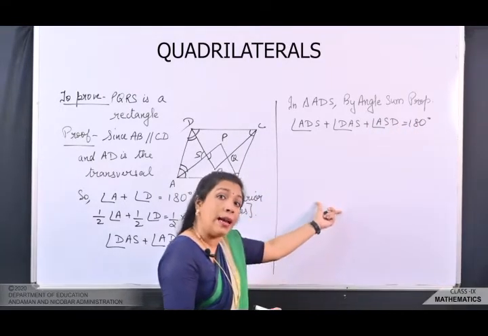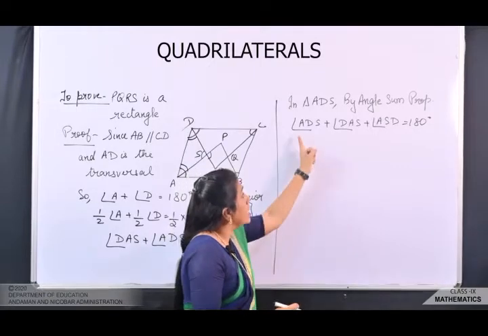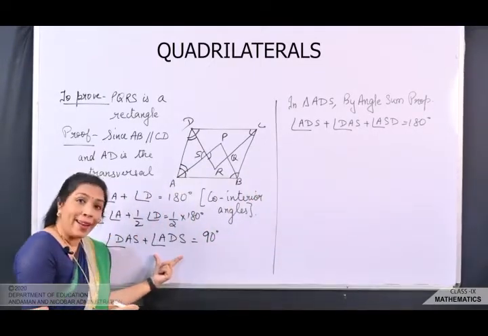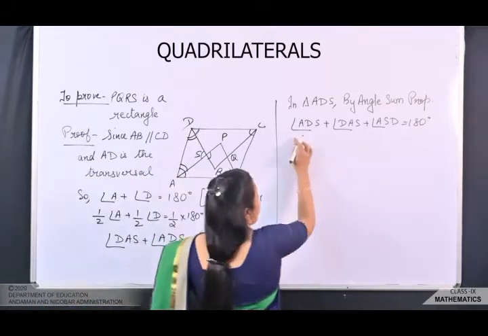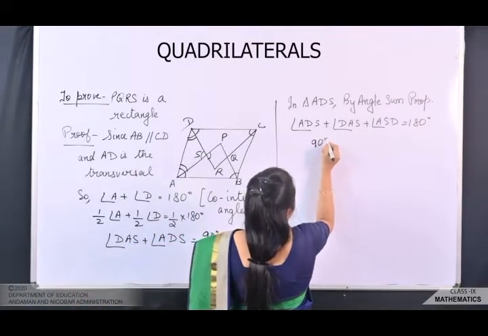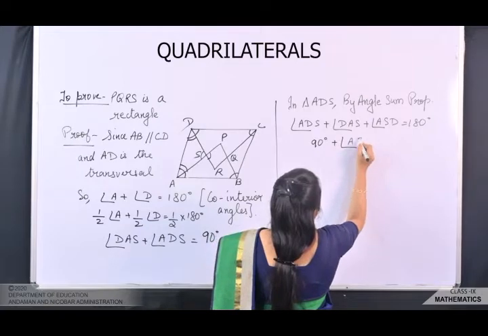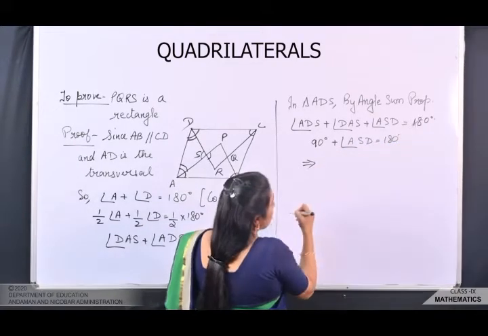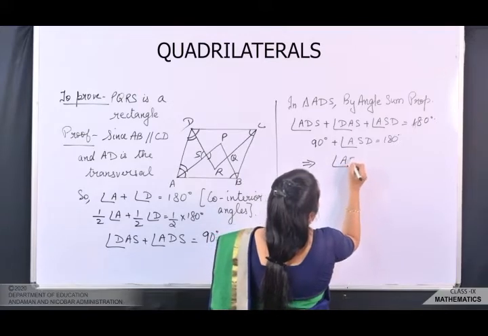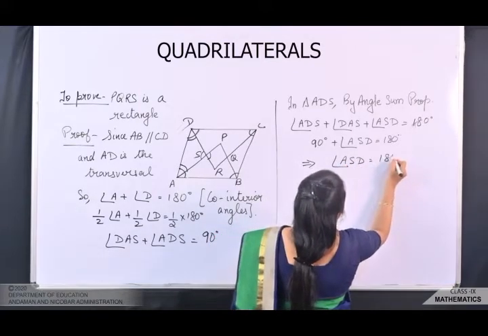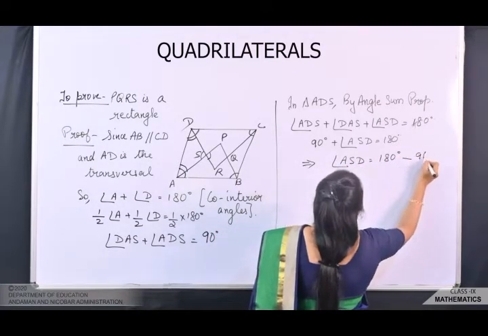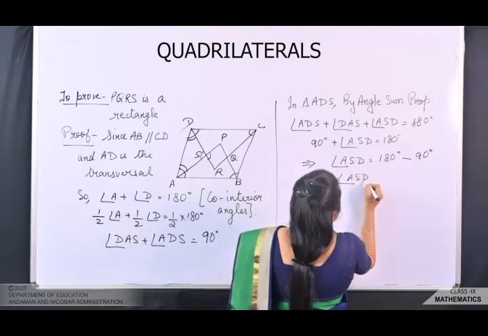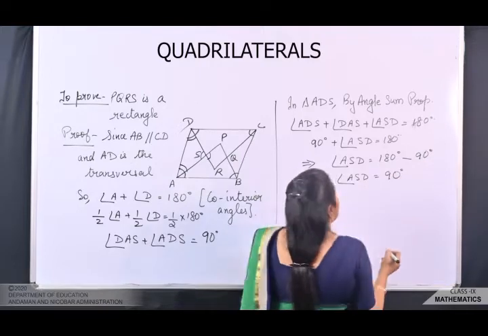This is our angle sum property. Instead of ADS plus DAS, what can we write? We can write 90 degree. So 90 degree plus angle ASD is equal to 180 degree, which implies angle ASD is equal to 180 degree minus 90 degree, which implies angle ASD is equal to 90 degree.